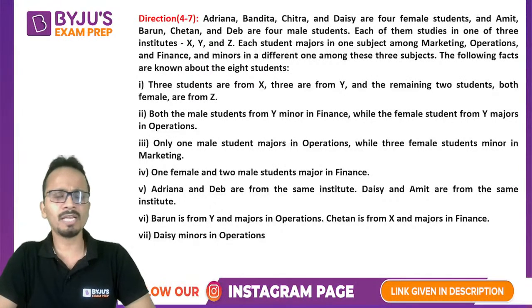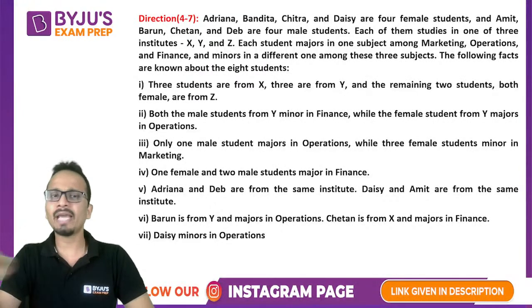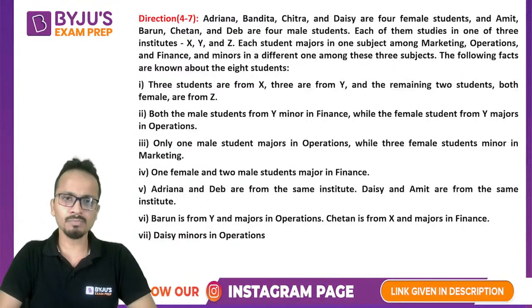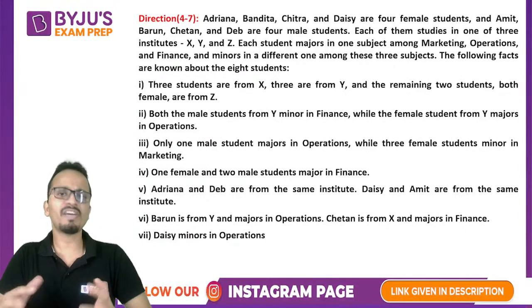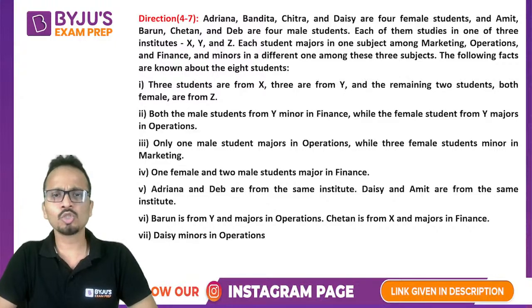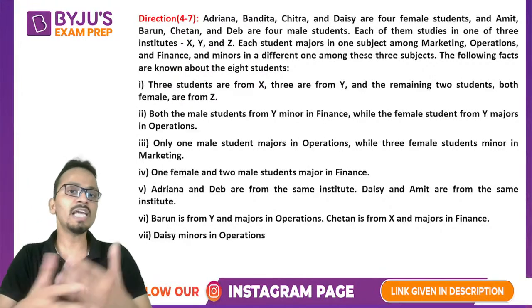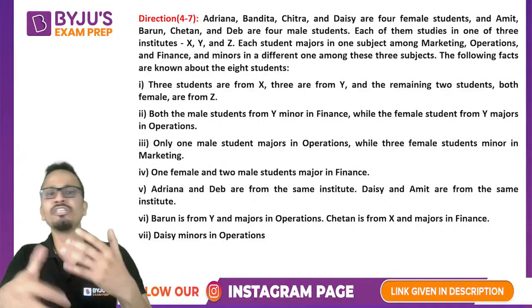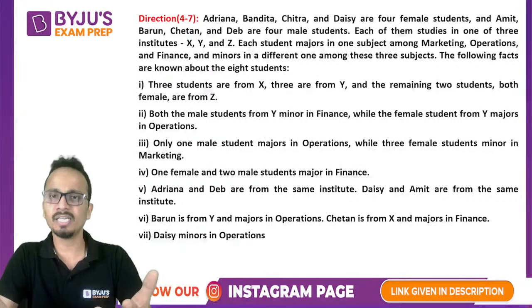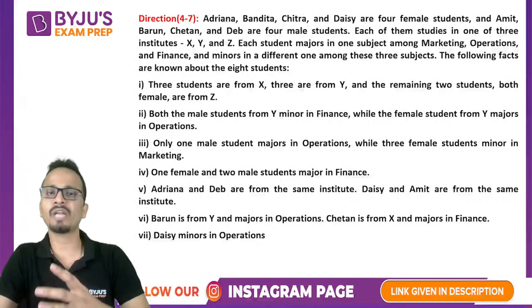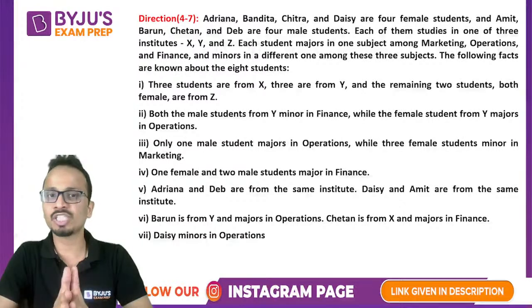Whenever I draw a table like this, I leave some extra rows at the bottom. I'll leave 4-5 extra rows at the bottom so that I can feed in some of the extra information that directly cannot be fed. Initially I will not know which institute Adriana will study in, or what the major subject is for any of the specific names which are given.